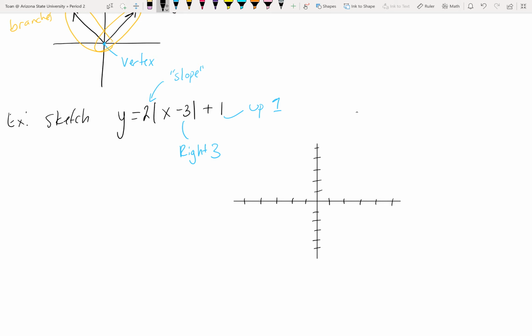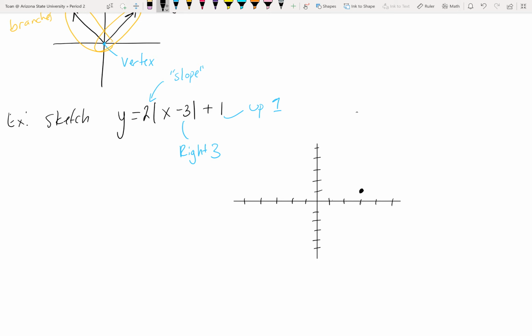So you know how an absolute value function looks like a V? An absolute value function starts at the origin, 0, 0. What you're going to do is just listen to your function transformations: up, down, left, right. It says right 3, up 1. So guess where your new vertex is? Right 3, up 1. And then that vertical stretch of 2 is your new, quote, slope.